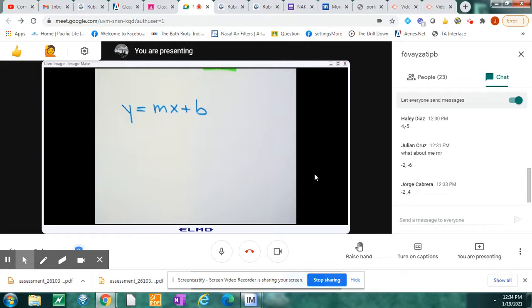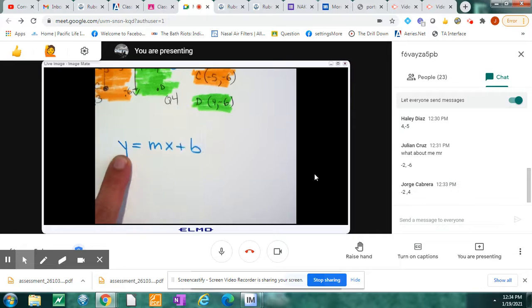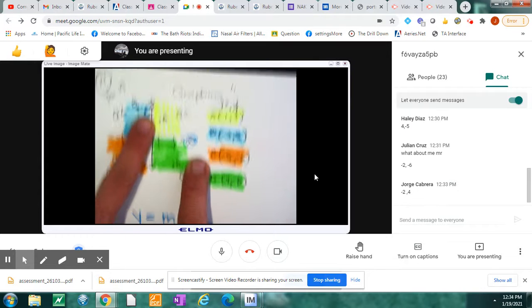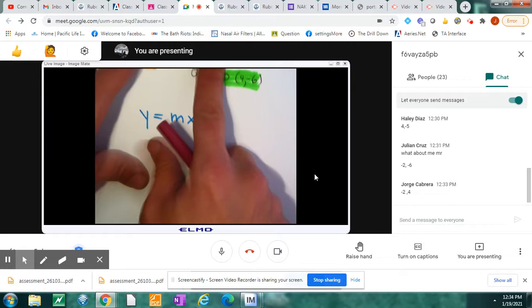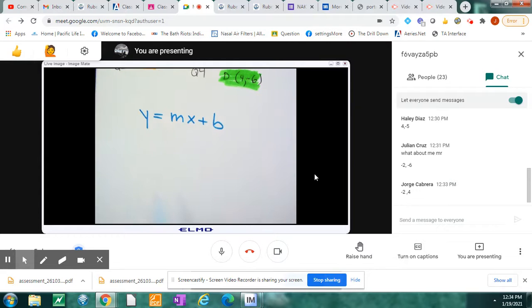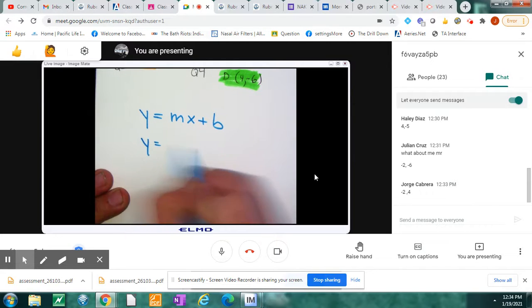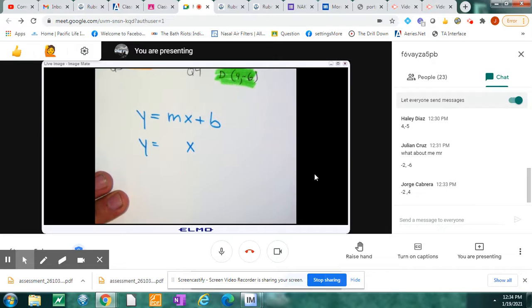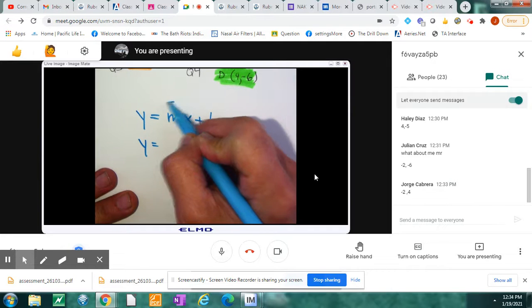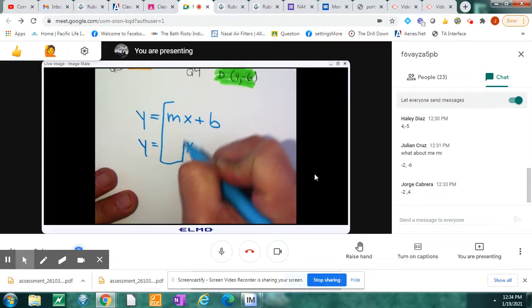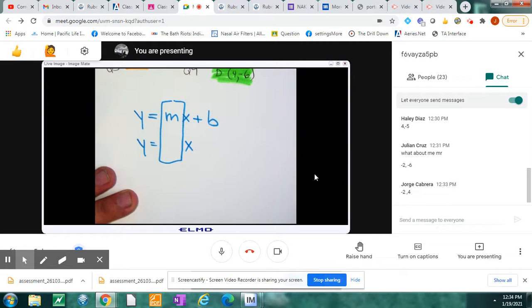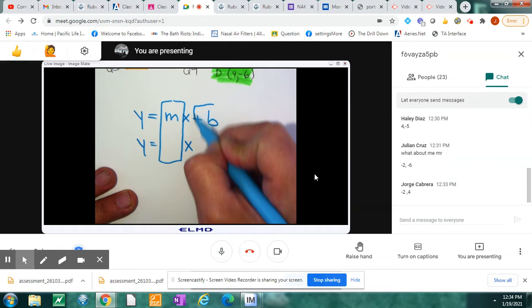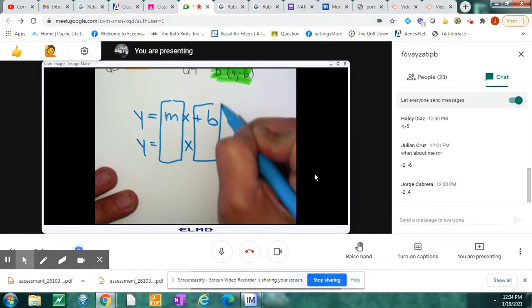What does that mean, mister? Okay. Well, your y and your x are part of the coordinates. So they're just going to stay by themselves. The y and the x are always going to be there, which means that your m is going to be a number. And your b is plus or minus.